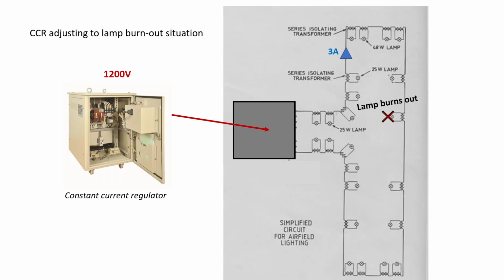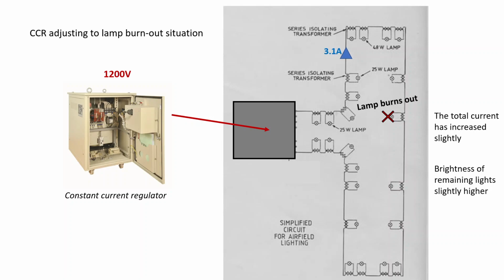Let's say a lamp burns out. What does that mean? Well, it means that the total resistance of that loop will have dropped slightly. There's less load. So if there's less load, in everyday electrical speak, you would expect the current to go down, right? But we don't want that to happen. So the total current will actually increase slightly. The light output would then increase slightly.